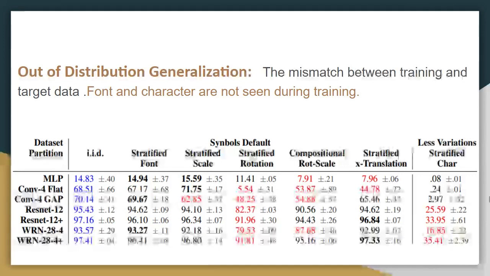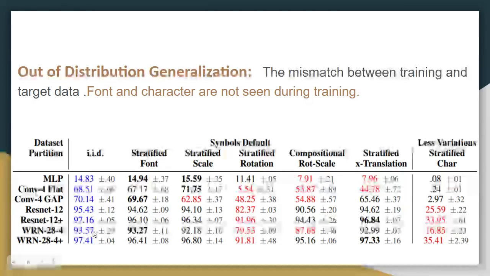And you can see the stratified translation has the most, and the stratified font has the most of all of these models' accuracy related to the results. Or we can say that the expected result is related to the stratified fonts.